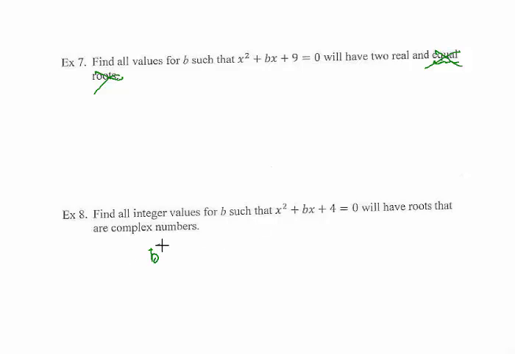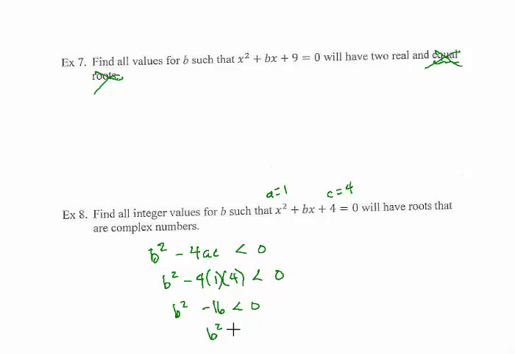Then we go down here and we say for complex roots we have to have a discriminant that is less than 0. Okay, a negative discriminant. And again we have b here, so we want to find the values of b. So we write minus 4, a is 1, and c is also 4. So a equals 1 and c equals 4. We end up with b squared minus 16 less than 0.